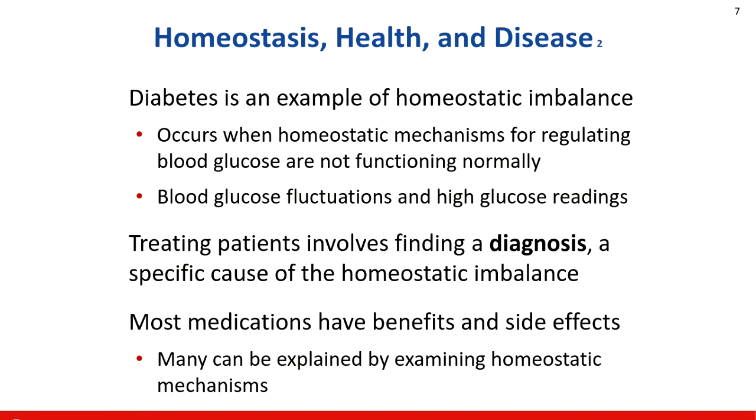And finally, I told you this is going to be a short chapter. And finally, when we talk about what happens when you fall out of that homeostatic balance, when you have an imbalance occurring, you get what we call dis-ease. And an example of that is diabetes.